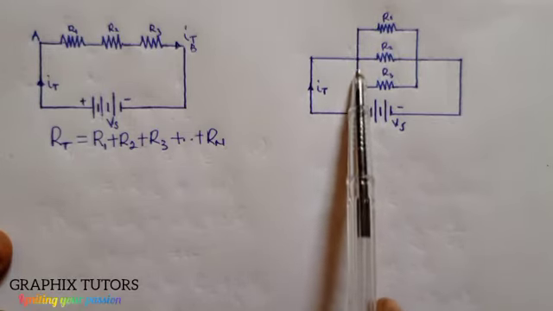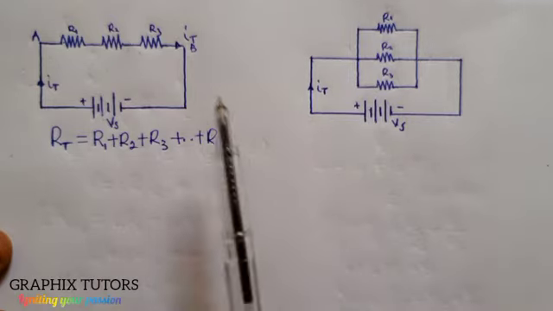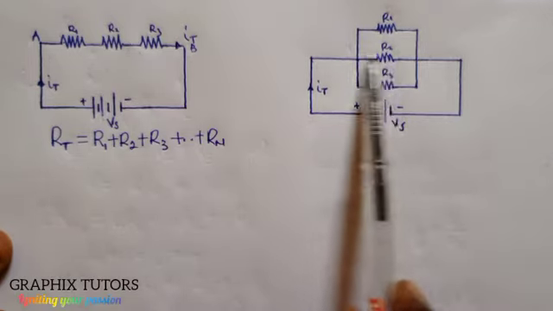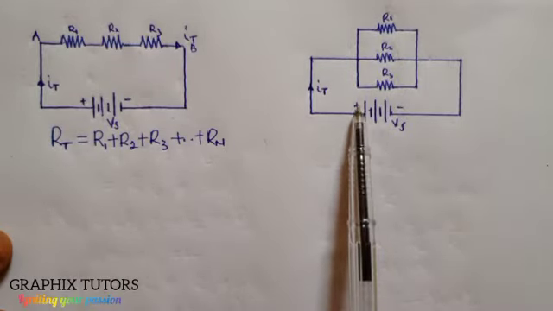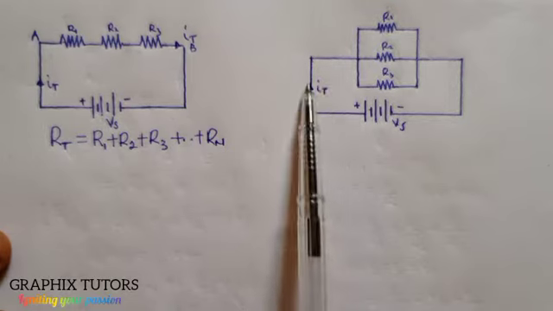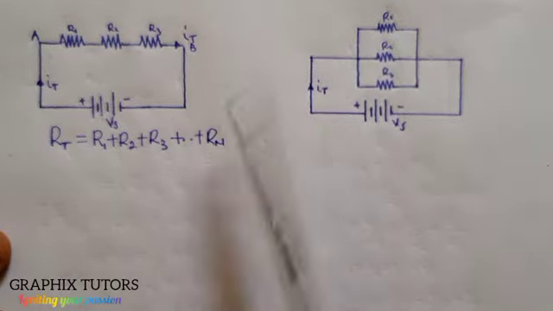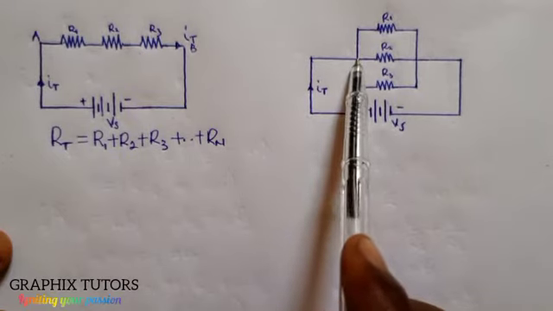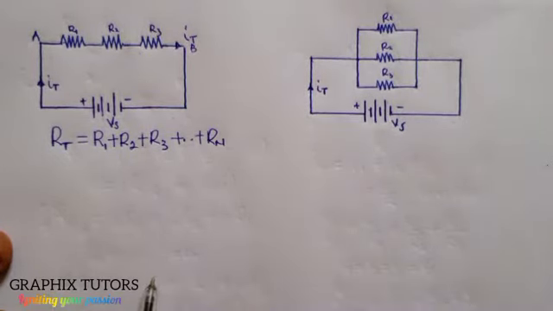In a parallel connection, each resistor is parallel to the others. So when this voltage source produces a current I total and it gets to this point, it splits because of what? It wants to cover more ground.